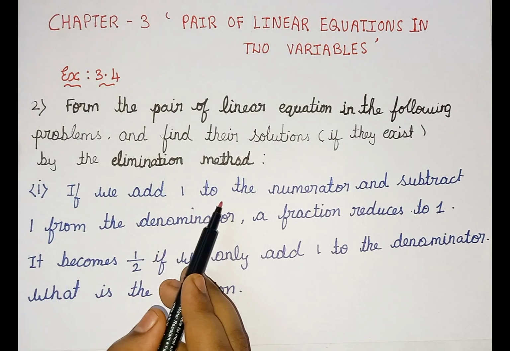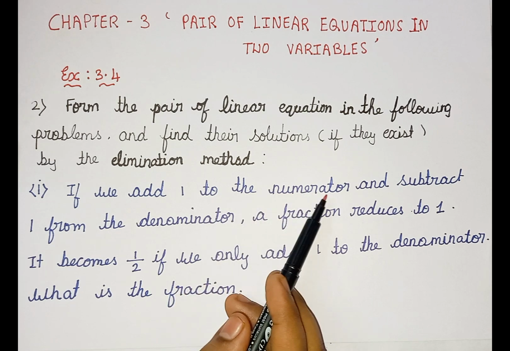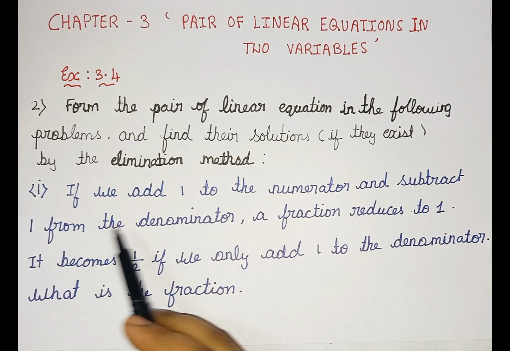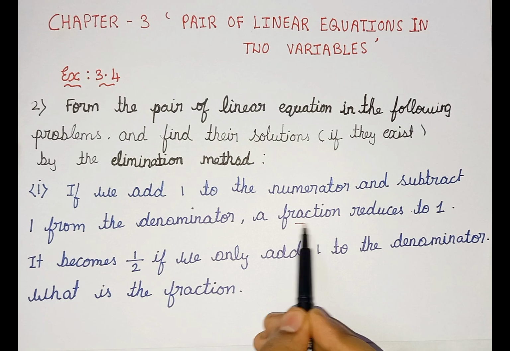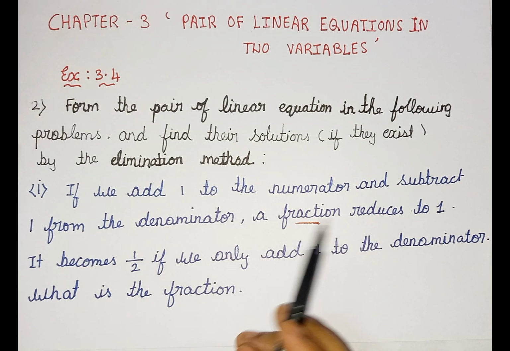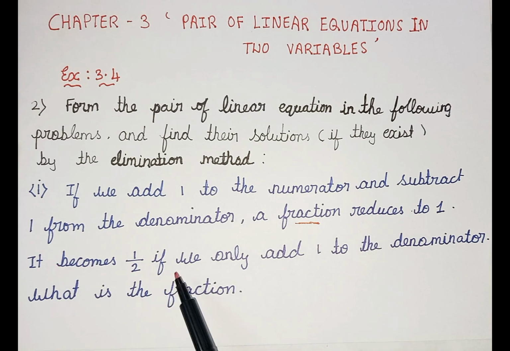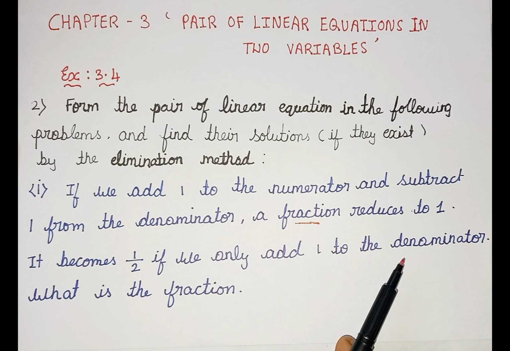If we add 1 to the numerator and subtract 1 from the denominator, a fraction reduces to 1. It becomes 1 by 2 if we only add 1 to the denominator. What is the fraction? I know you didn't understand, that doesn't matter. Most of the time they are talking about a fraction.